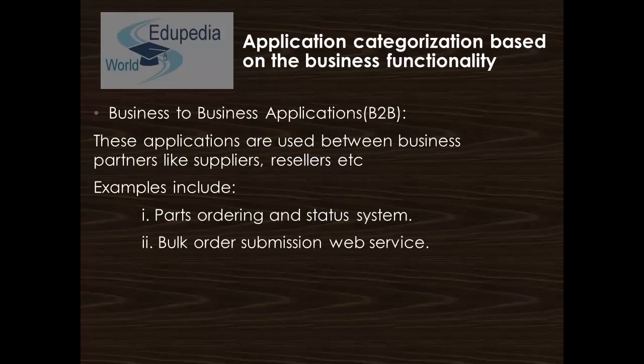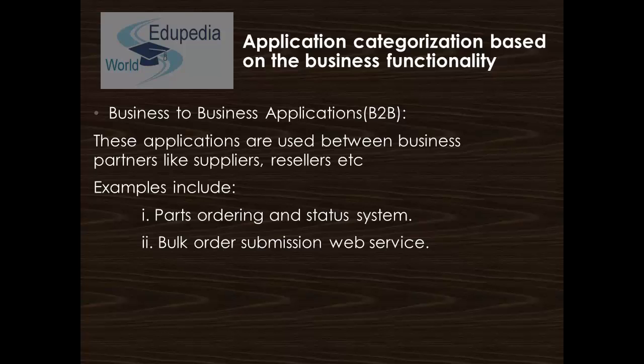Now come business to business applications, or simply B2B. These applications are used between business partners like suppliers, resellers, etc. Traditionally, these applications are accessed using dedicated or reserved lines between business partners, and they also use the internet with security features such as virtual private networks.